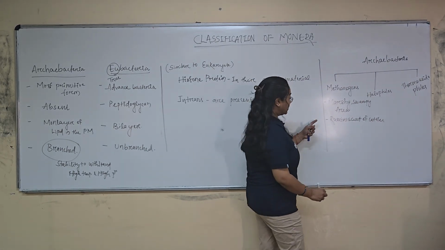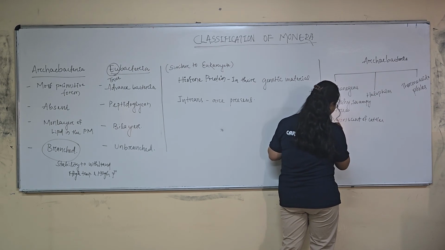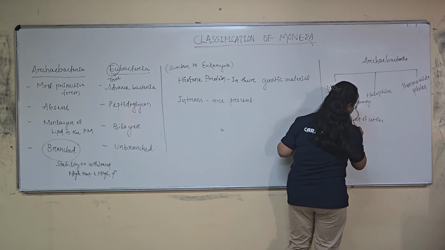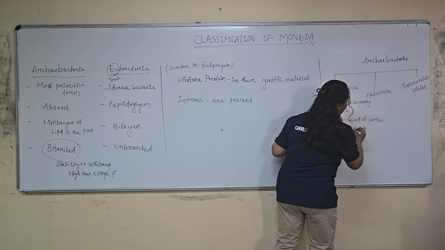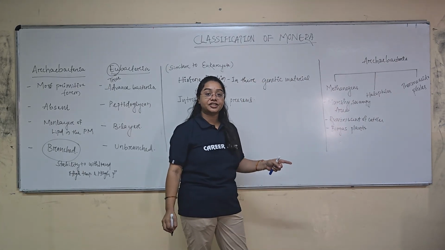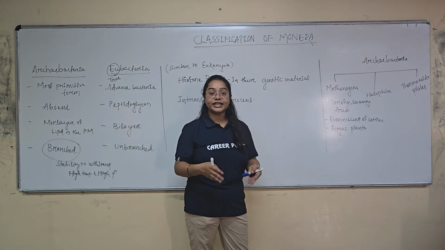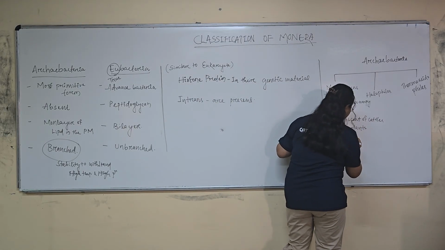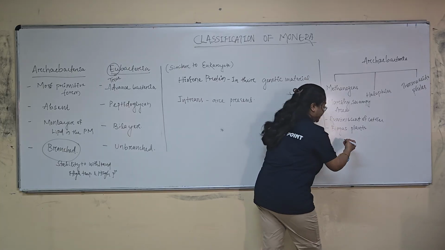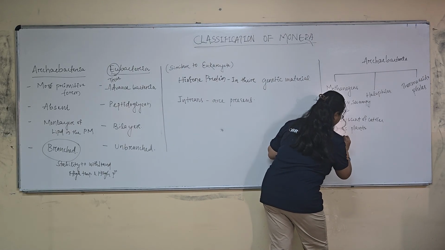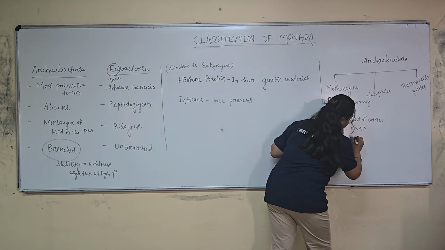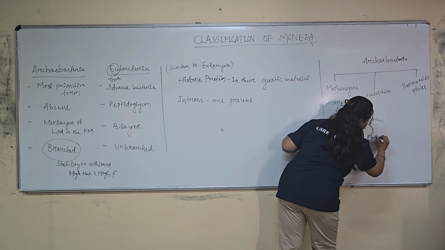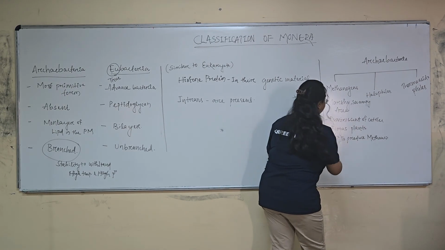We can also find them in biogas plants. In the biogas plant, these methanogens are used to convert the organic material into methane. Methane gas is produced by these methanogen bacteria.